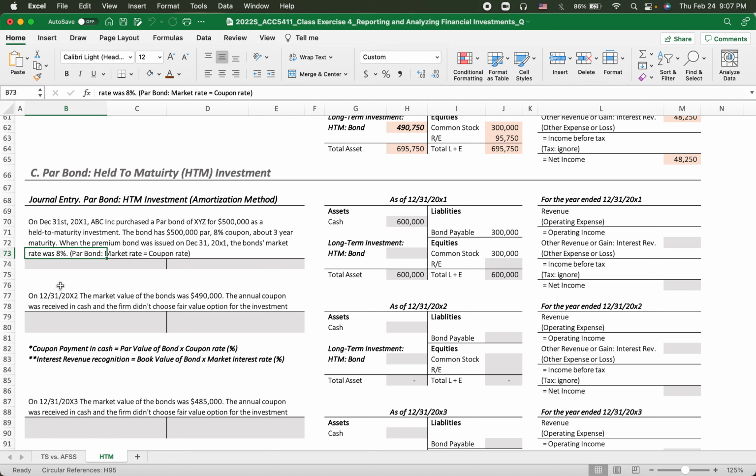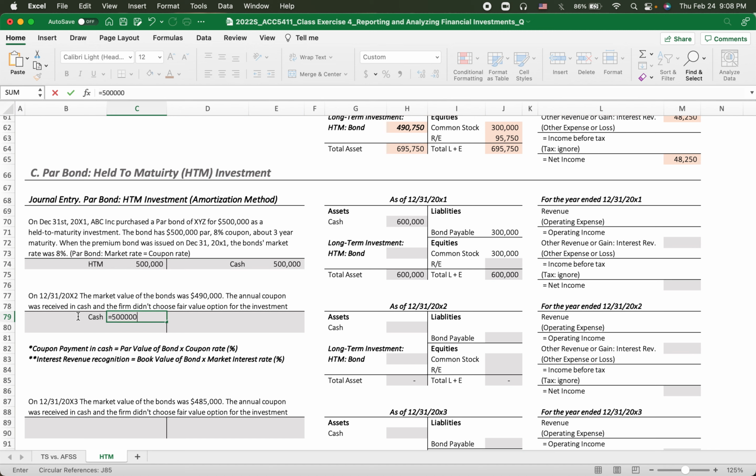So in that case, there's no difference; we can just add the $40,000 again here. HTM bond investment 500,000, right? And the cash is $500,000, the same. We have just one line, cash amount. How did you calculate it?